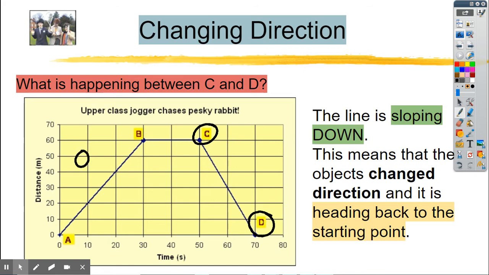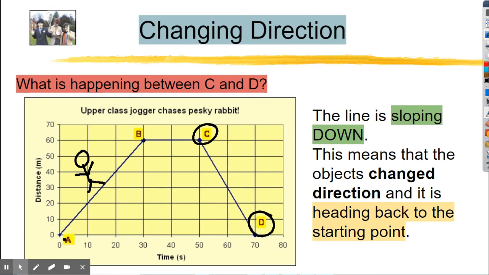So let's pretend I'm a little jogger here. I'm jogging. From A to B, I went 60 meters in 30 seconds. So I'm going to go ahead and find the speed from A to B. You can see that I went 60 meters in 30 seconds. So I'm going to do 60 divided by 30, and that will give me 2.